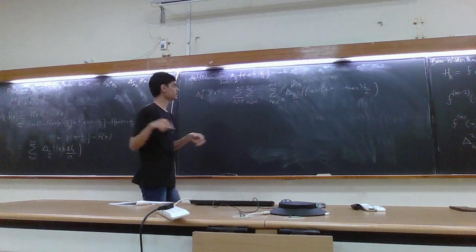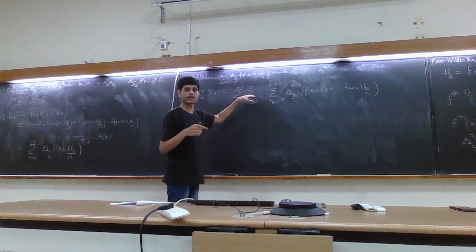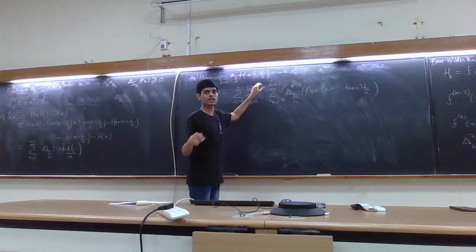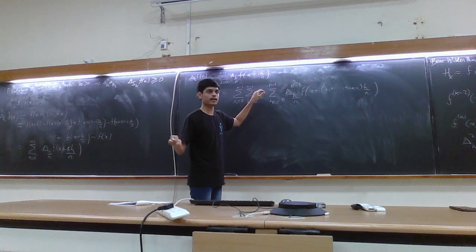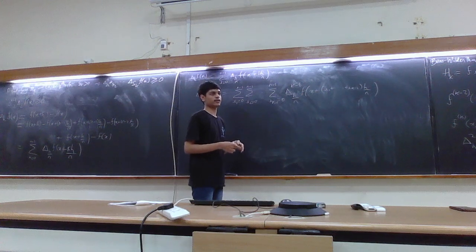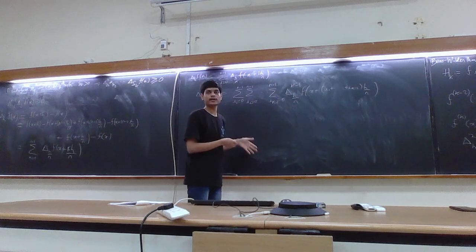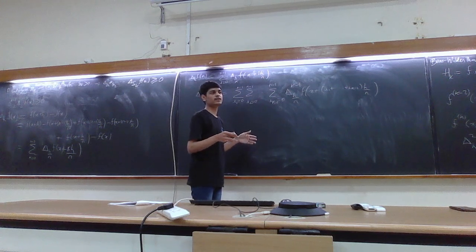When you substitute x plus jh by n, this becomes x plus i plus j times h by n. Is this fine?